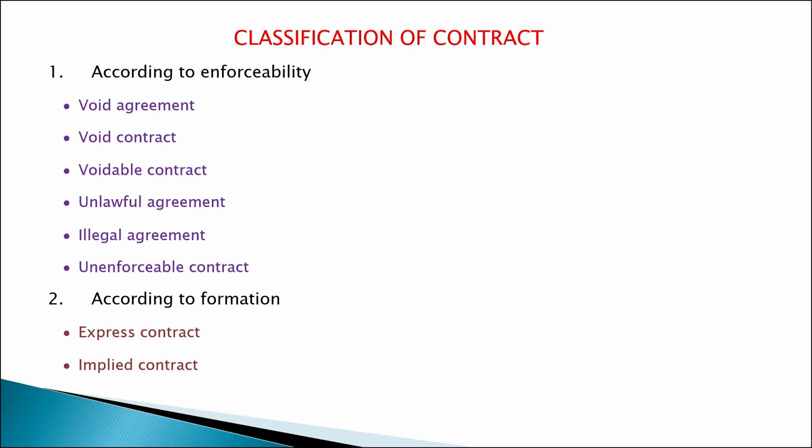So next classification is classification according to performance. Based on that we have executed contract, executory contract, and partially executed contract. An executed contract means that both the parties have fulfilled their respective obligations.